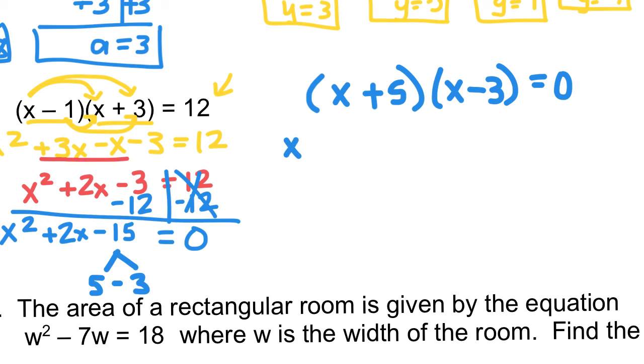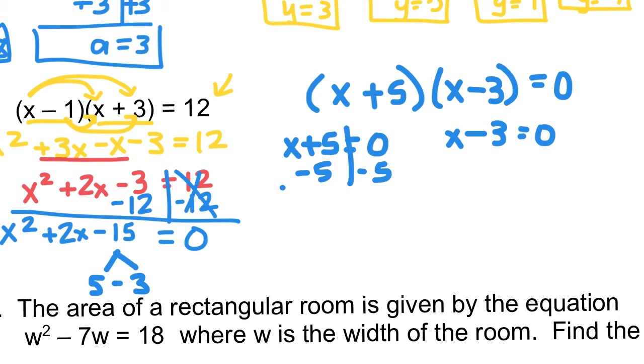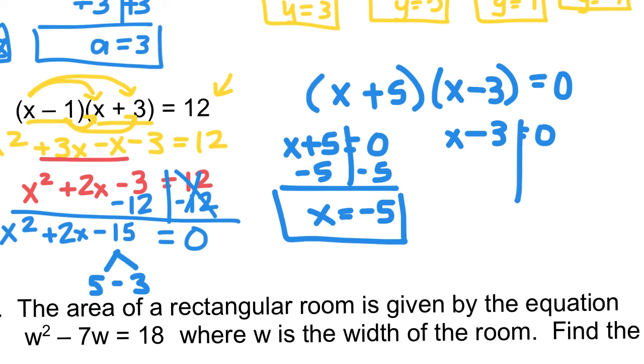Now we'll find the solutions by taking each factor and putting it equal to 0. We'll solve by isolating the x, and that's one solution, and our second solution.